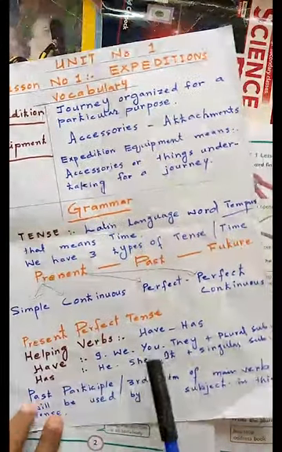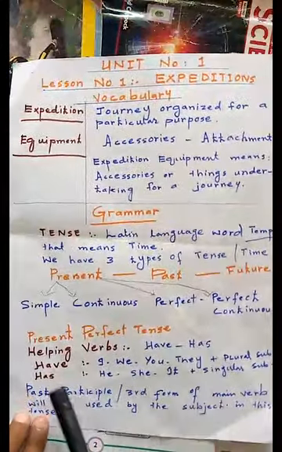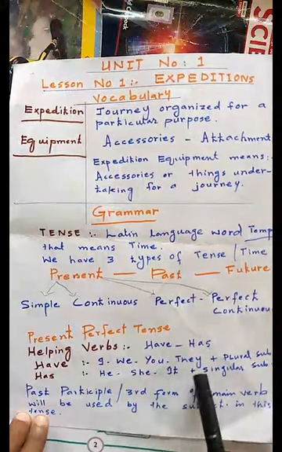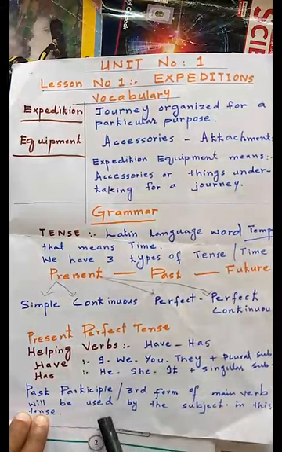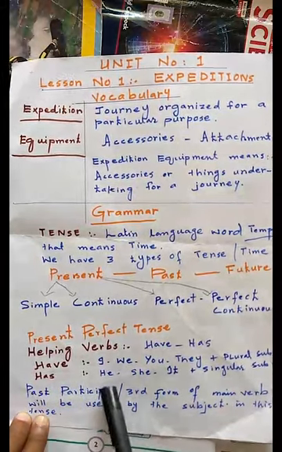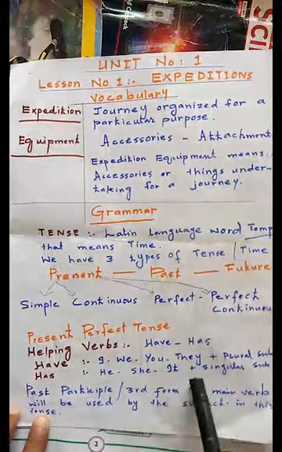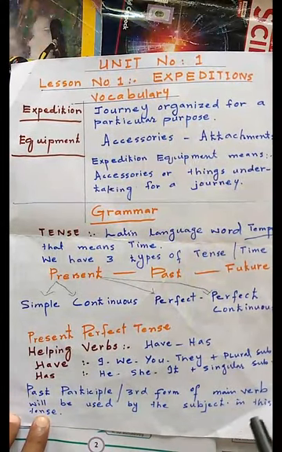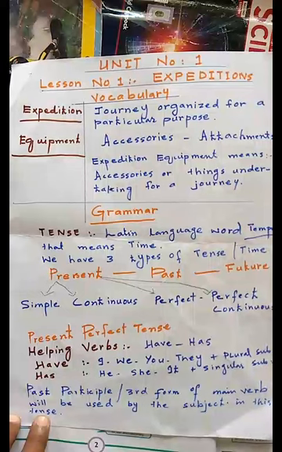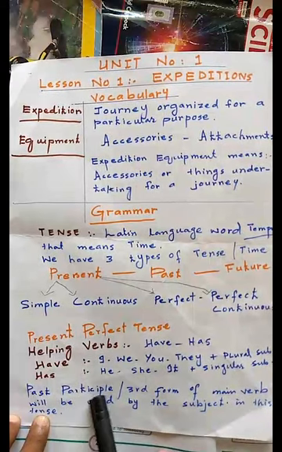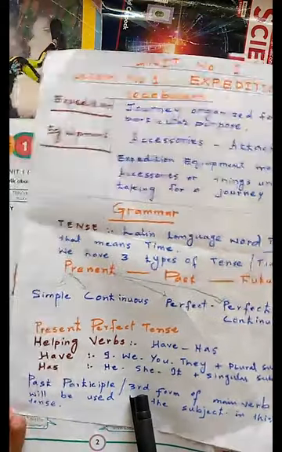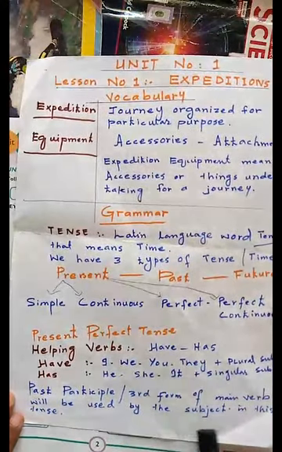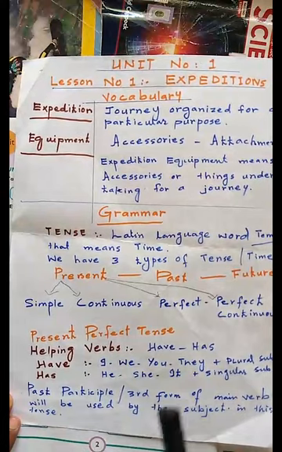Helping verbs are have and has. Have will be used with I, we, you, they plus plural subjects. Has will be used with he, she, it plus singular subjects. For the main verb, the past participle, or third form of the main verb, will be used by the subject in this tense.